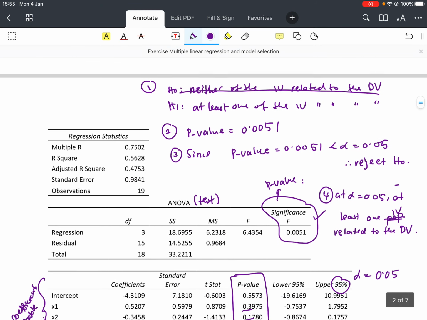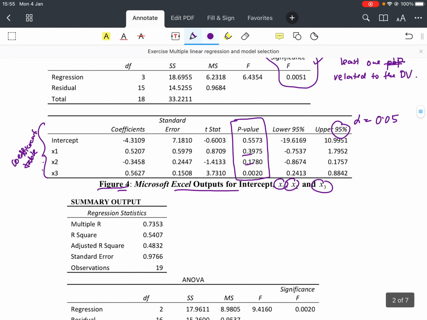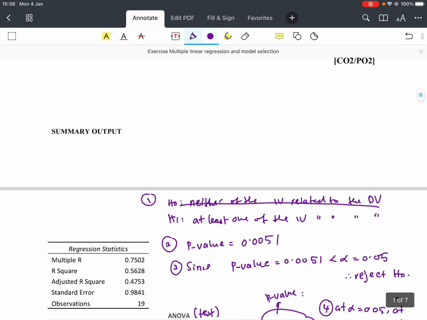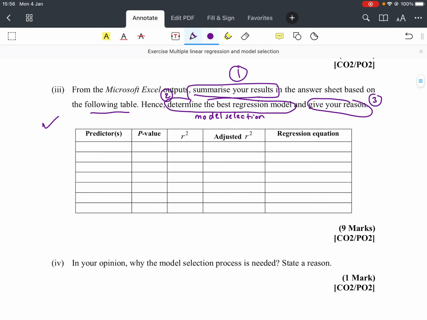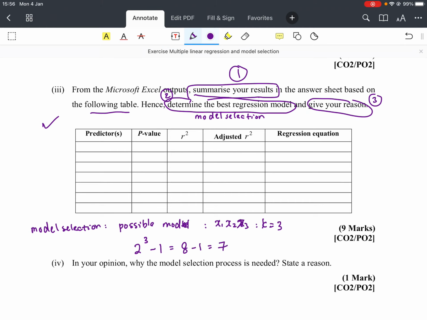Okay, from figure 4, we have x1, x2, x3. In model selection, the first step is the possible models. So how many possible models do you have here? You have x1, x2, x3, so k is equal to 3. So the number of possible models is 2 to the power of 3 minus 1, equals 8 minus 1, equals 7.